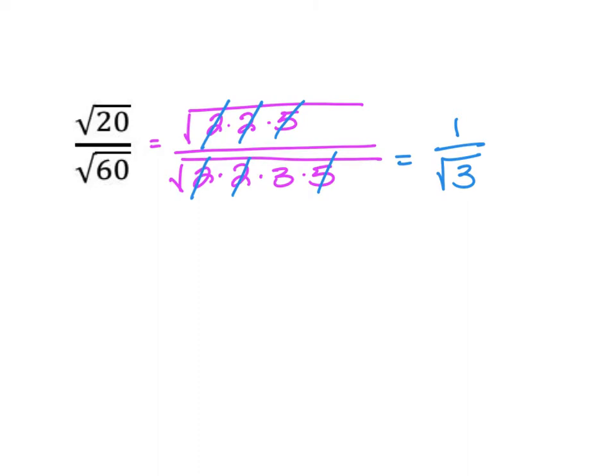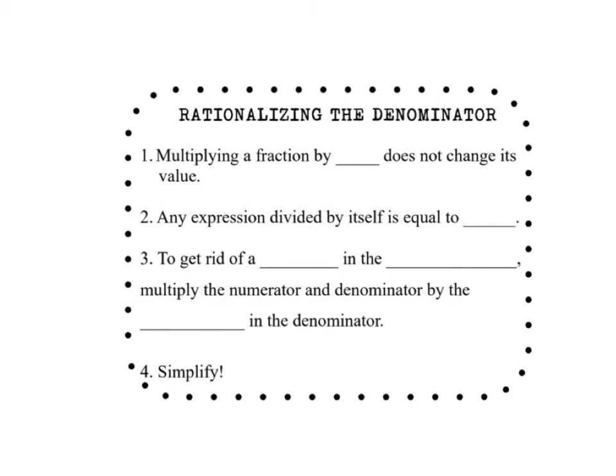So let's look at how we're going to rationalize this. When you multiply a fraction by 1, it does not change its value. Any expression divided by itself is equal to 1. So for example, 2 over 2, square root of 2 over the square root of 2, these all have a value of 1.